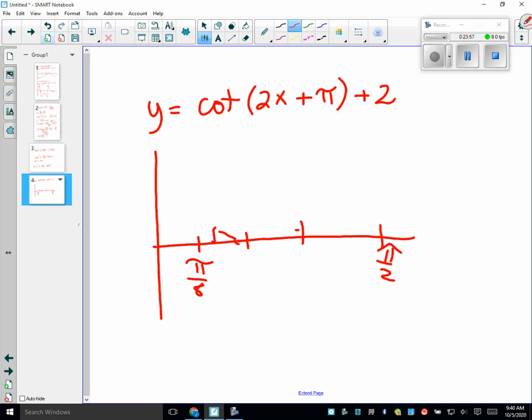I divided by 2, divided by 4, is pi over 8, right? Yes.